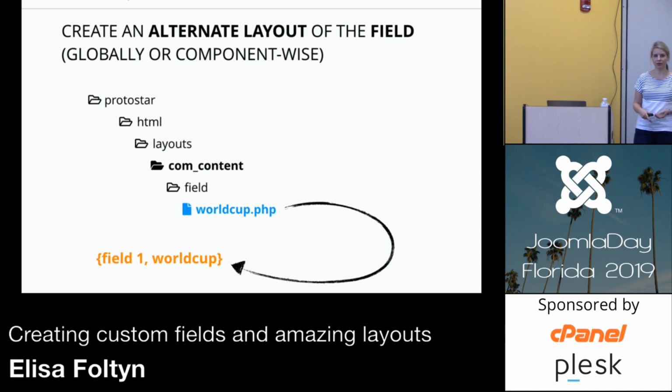But before that, you could display the field in the article with a shortcode and a comma and then the layout name. Okay, so it's not like an override, it's like an alternate layout, if you know the difference. If you see this, do this. Yes. If you don't know the difference between override and alternate layout, I will tell you about that in the second part of this session.